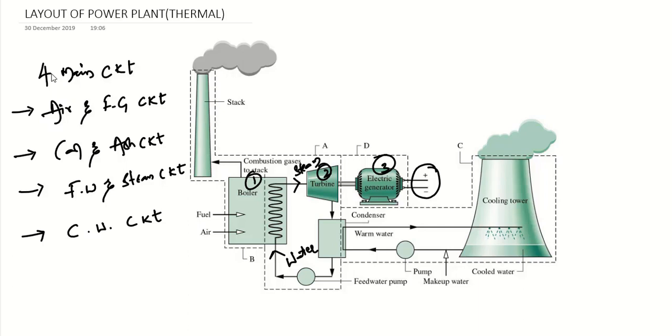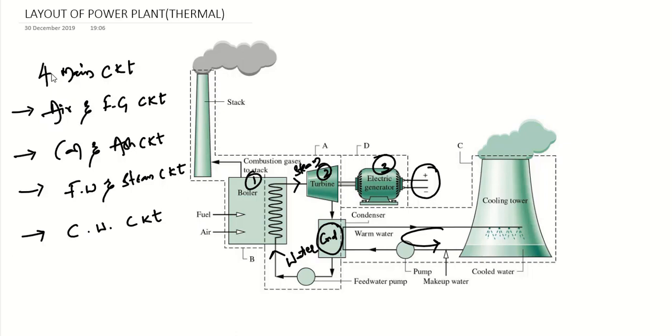As we have seen here, when steam is fed to the turbine, certain work will be done. After the work is done, the low pressure steam is passed through the condenser. Here in the condenser, that steam is converted into water with the help of raw water coming from the cooling tower.